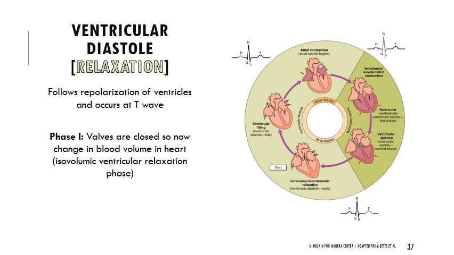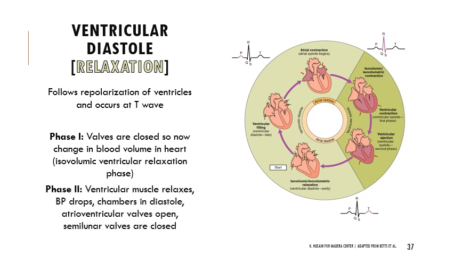The volume of blood is maintained. It's remaining consistent. It's isovolumic. And then we have phase 2, where the ventricular muscle fully relaxes, blood pressure drops, the chambers are going into diastole, they're relaxed. The atrioventricular valves, so the bicuspid and tricuspid valves open, and the semilunar valves are closed.